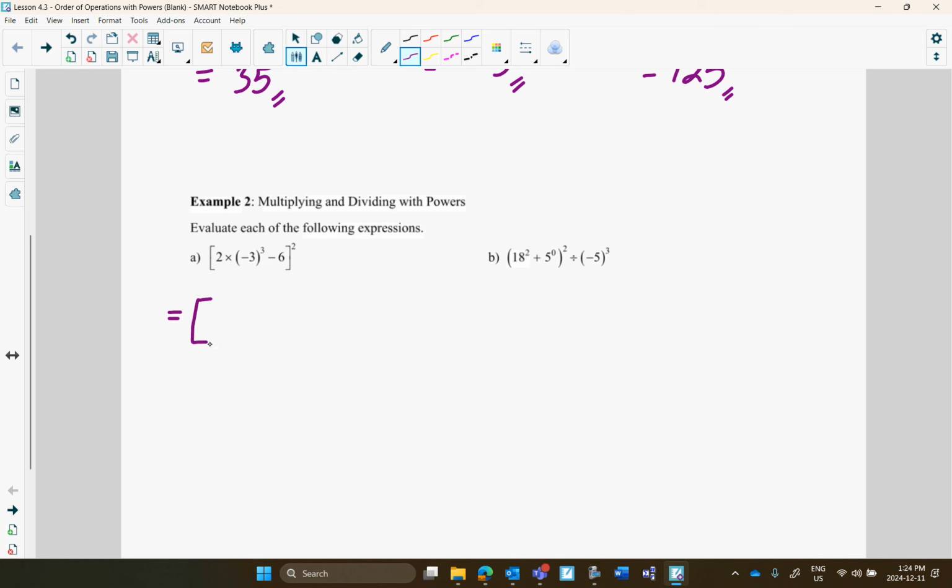So I'm not touching the brackets or the square. Inside, I'm not touching the 2 and the times. The only thing I'm doing is negative 3 to the third. What is negative 3 times negative 3 times negative 3? Negative 27. And then I still have to subtract 6.